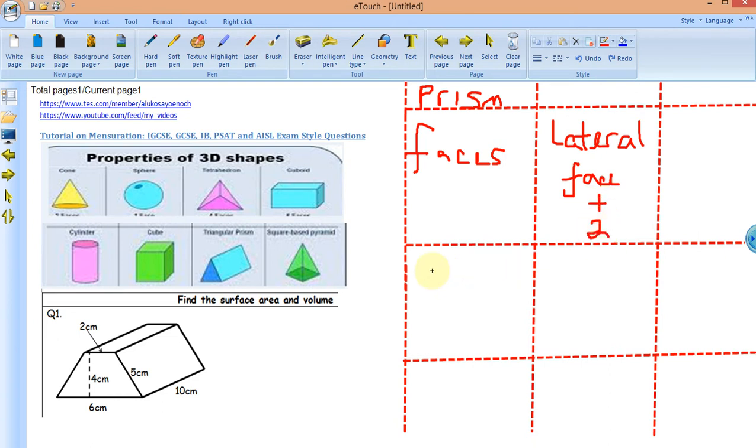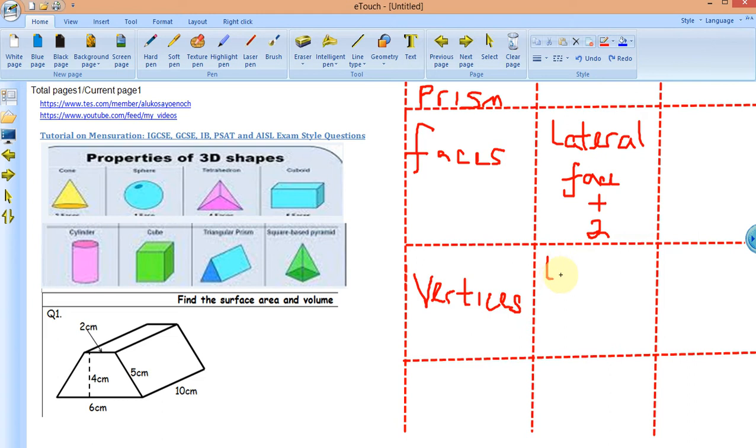Then if you want to determine the number of vertices of any given prism, this formula works for any given prism. So what are vertices? Vertices are where three lines meet. So this is a vertex, 1, 2, 3, 4, something like so. Where three lines meet, so 8 for a cuboid, for example. So that would be lateral faces times 2.